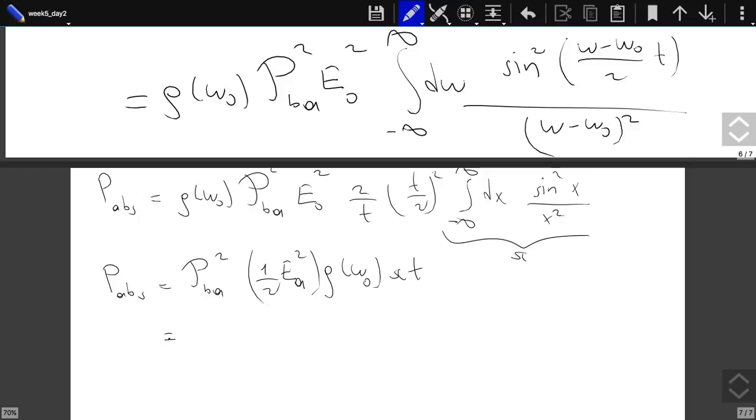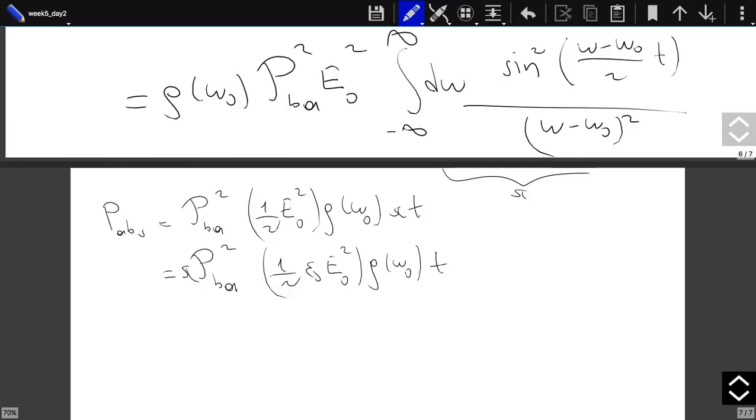Or let me rewrite it in this form. This matrix element times 1 over 2 epsilon 0. Okay, this is not Ea, this is E0. E0 squared rho of omega 0 pi times t. Well, the absorption probability increases with time. That is expected because the more you shine, the more absorption you will get. And the absorption probability per unit time is just a constant.